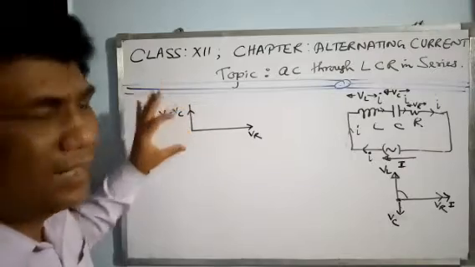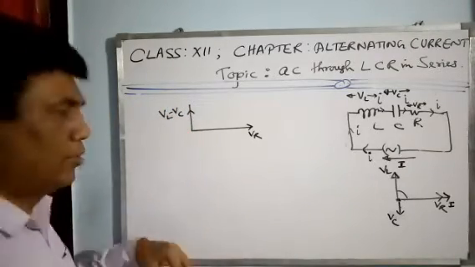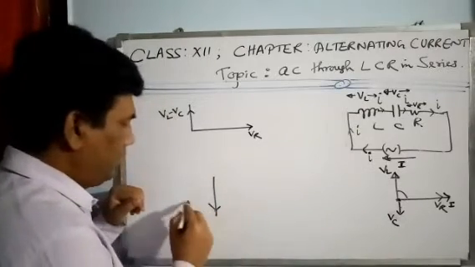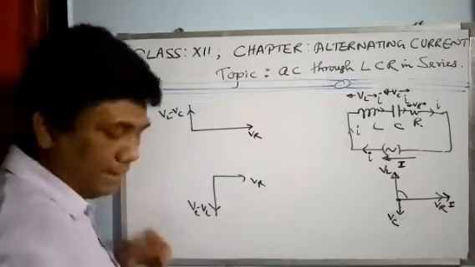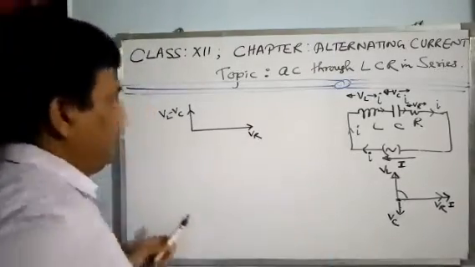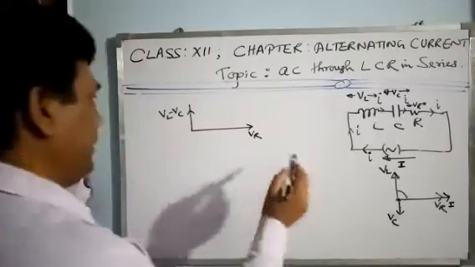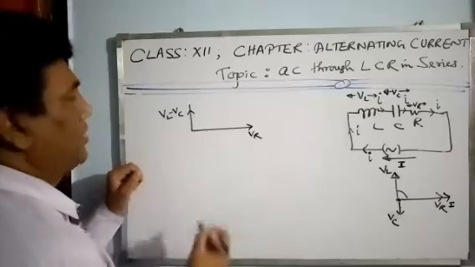For simplicity we are assuming that VL is greater. You can assume VC also greater. If VC is greater, this will become VC minus VL, and this is VR. The figure will be like that, but for simplicity I am assuming like this. This is the voltage across inductor, voltage across capacitor, this is voltage across resistor.